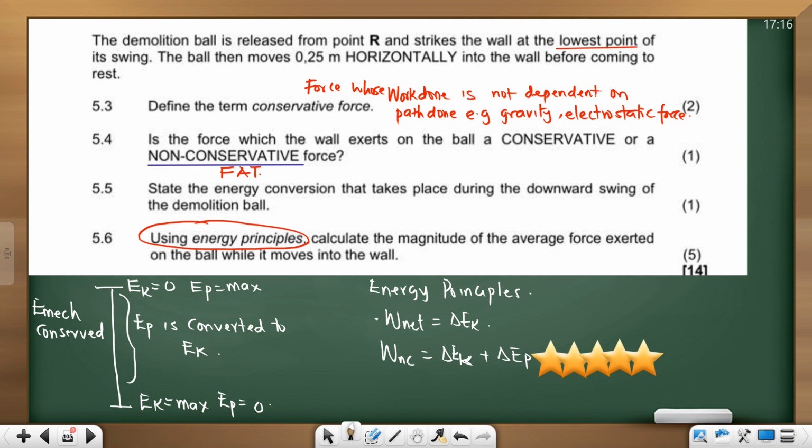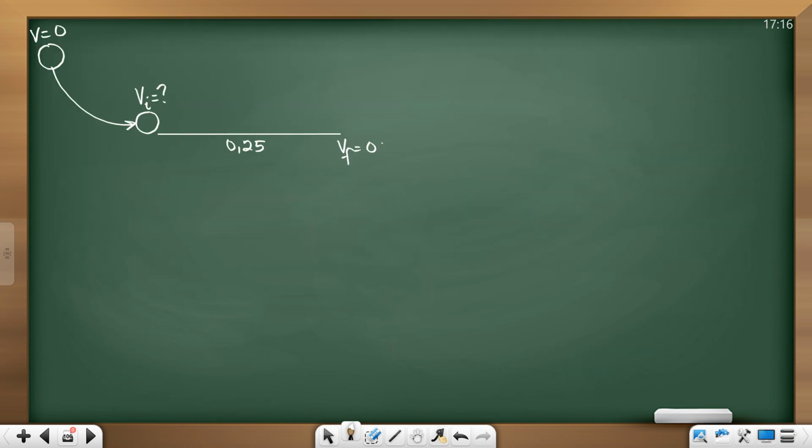One thing I know about force is this. F net is equal to what? MA. I know M, but I don't know A. But the examiner is giving me a horizontal motion here, which means I can get my acceleration if I use equations of motion, because I know delta x.